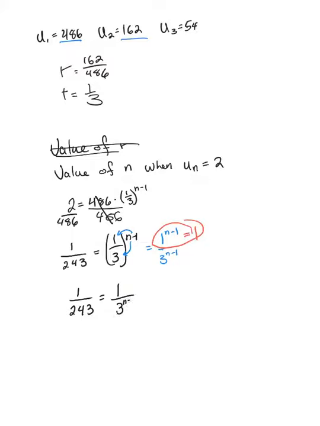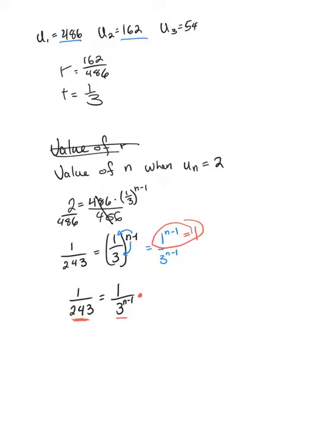the n minus 1. Okay, now what makes this confusing, besides the variable and the exponent, is that I have everything in the denominator. So I could actually solve this right here, but just to be more exact and more correct, I'm just going to change it up a little bit.